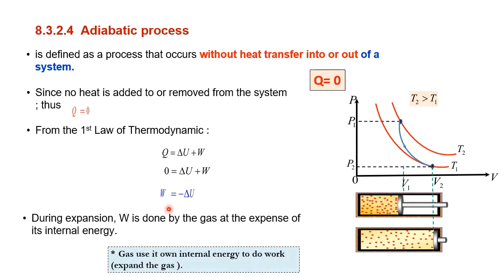This expression tells us that as the gas expands, the work done by the gas uses its own internal energy to do work. That is why here we get a negative change in internal energy.